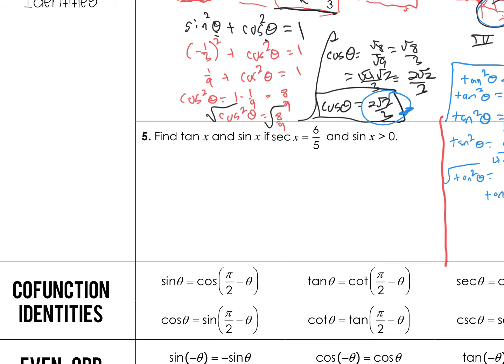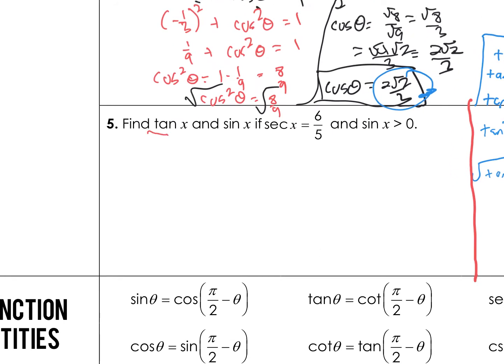All right, find the tangent of x and the sine of x. So again, doing 2 problems in one. If I know for a fact that secant of x is 6/5, also, I know that sine has to be positive. Again, sine is positive in quadrant 1 and quadrant 2.